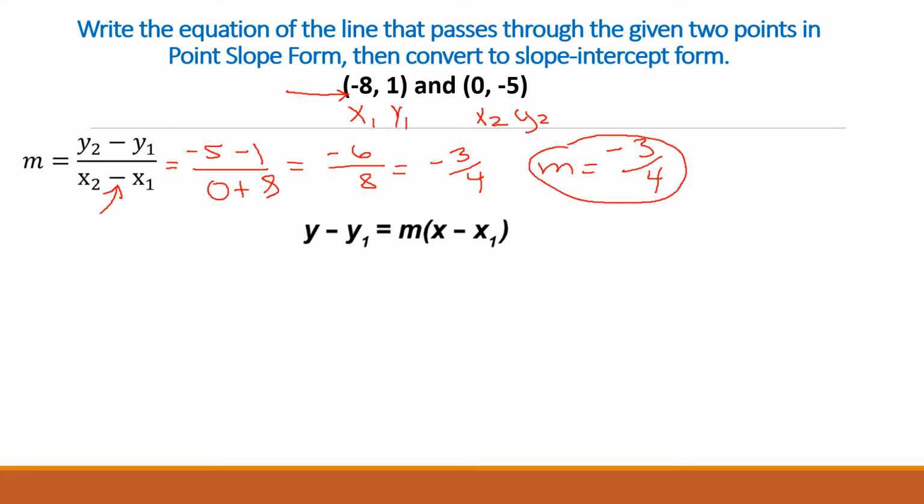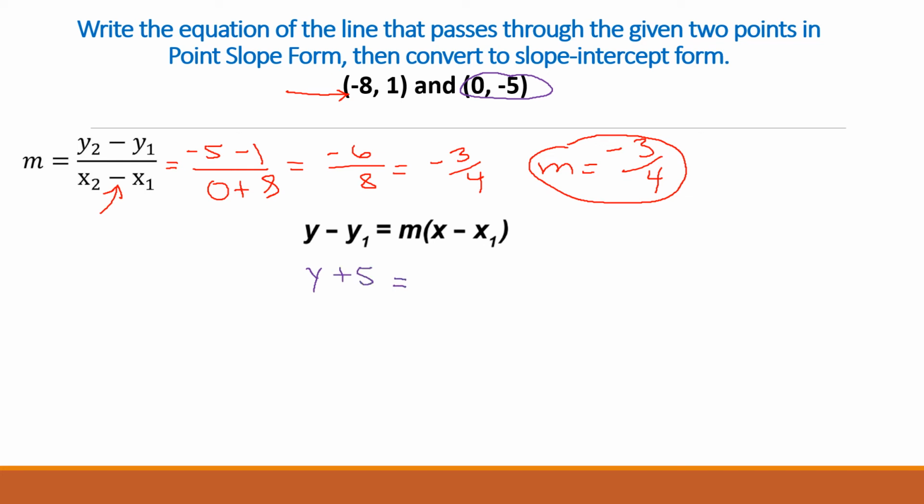Now I want to write an equation in point slope. I'm going to pick the second ordered pair this time. So in point slope, my y1, and again, when you're writing it in point slope, it doesn't matter what's y1 and what's y2. I just use that for the slope. So in this case, my y value is negative 5. Since that's a negative 5, that is going to be a double negative, which would make it a plus 5.